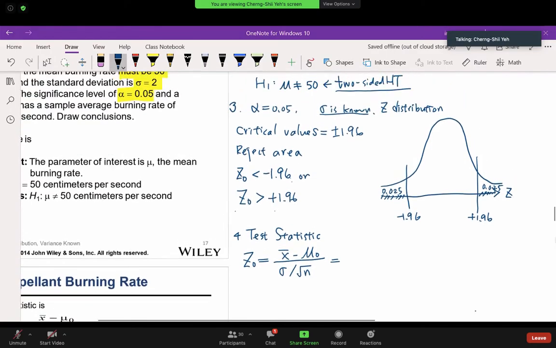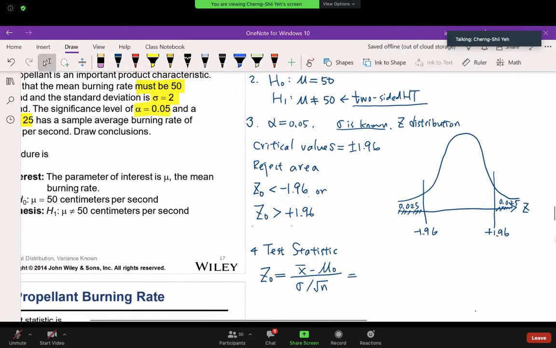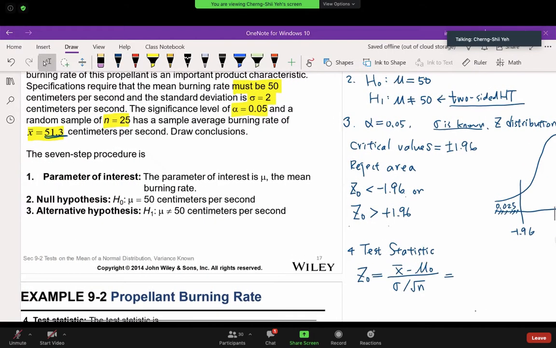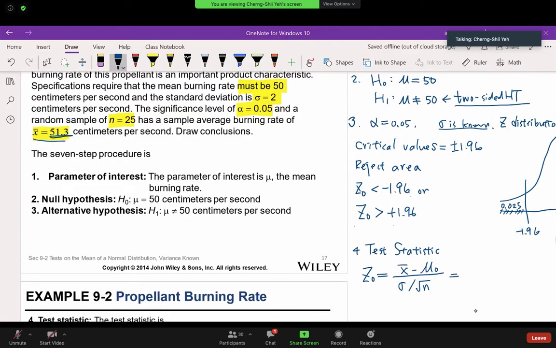Where's my sample average? 51.3 here. This is my sample average, and that's my population standard deviation. 51.3 subtract the hypothesis value. We believe our population mean is exactly 50. Standard deviation 2 divided by the square root of sample size 25.